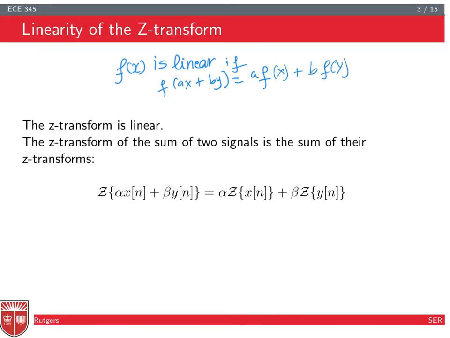This is the general definition of a linear function, and the Z-transform does satisfy this property, meaning that the Z-transform of the sum of two signals is the sum of their Z-transforms.